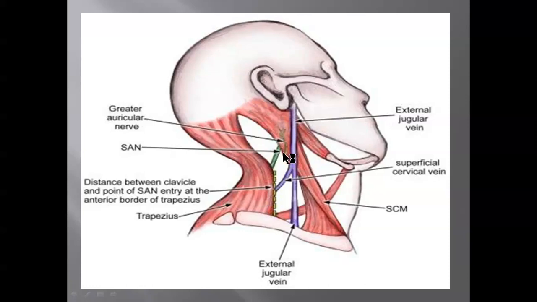So this is how you can know the entry and the exit point of the accessory nerve in the posterior triangle: 5 centimeters below your mastoid process, and 5 centimeters above your clavicle. This is the oblique course of your accessory nerve.